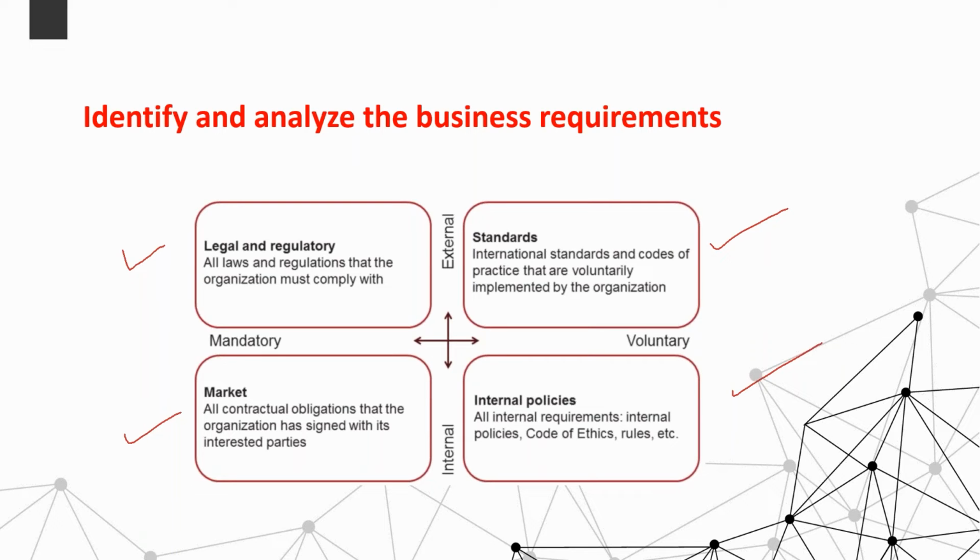Then there is your market. Now what does market have? Market requirements. This includes the contractual obligations that the organization has signed with the interested party. If there is any breach of a contractual obligation, it may result in certain penalties as well.